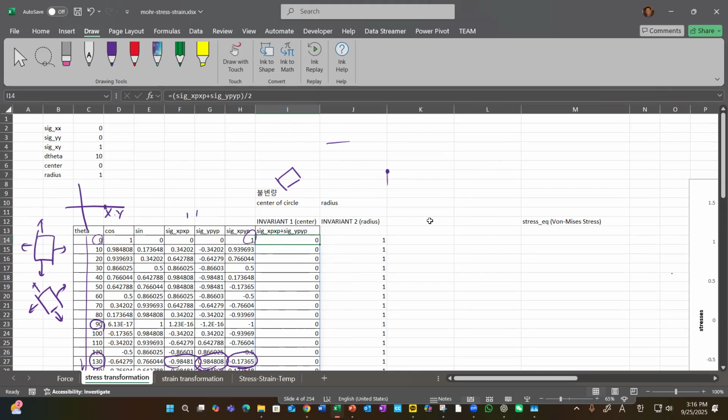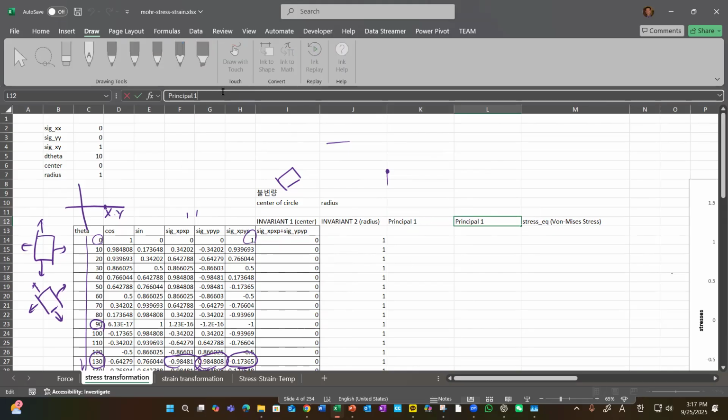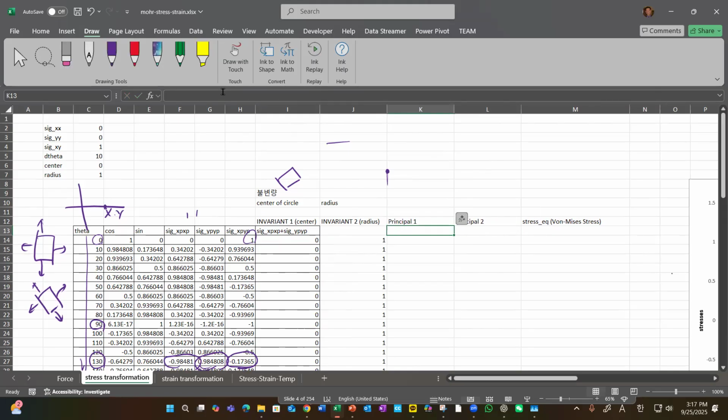오케이. 자, 그래서 여기 principal 1, principal 2 해서 principal 1은 어떻게 계산돼요?